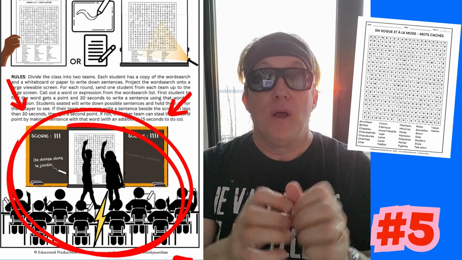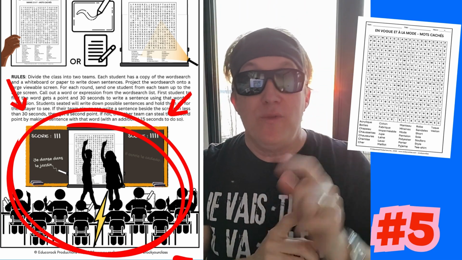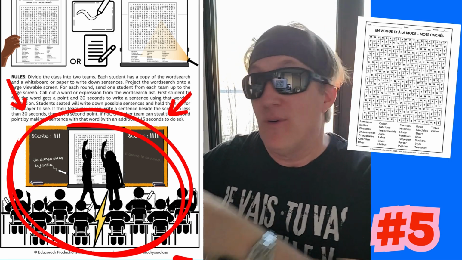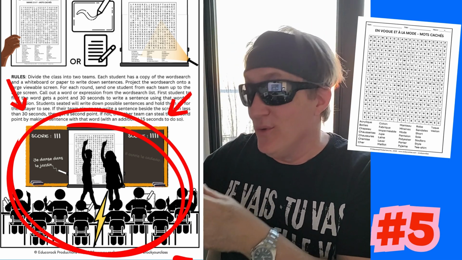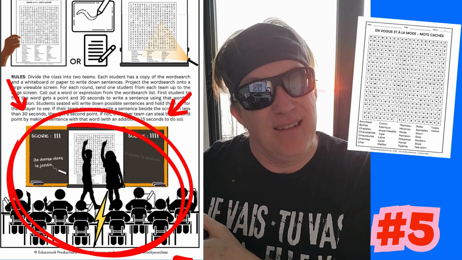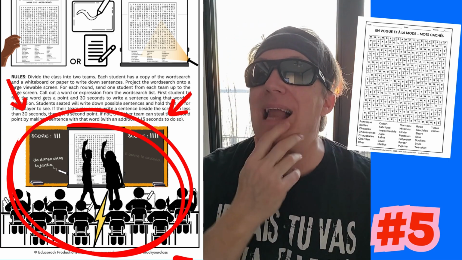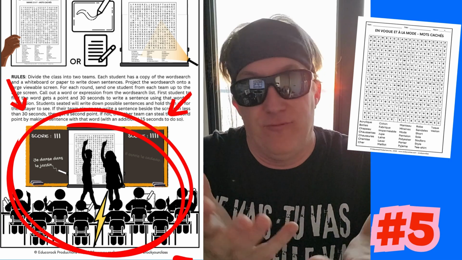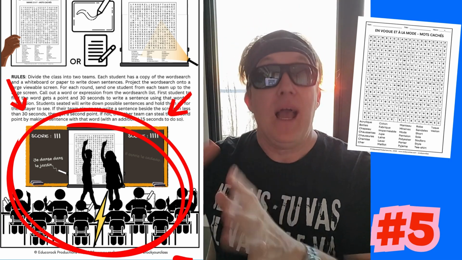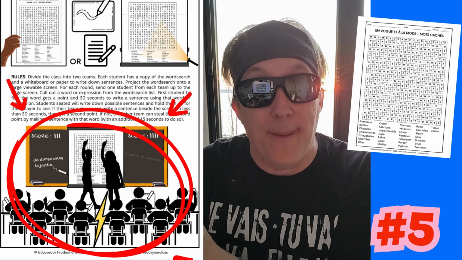OK, alors, tortue, oui, j'ai trouvé le mot. Notre équipe, nous avons 10 secondes pour créer une phrase avec ce mot-là. La tortue est verte. Voilà, c'est une phrase, par exemple. OK? Voilà, vous avez gagné un autre point.